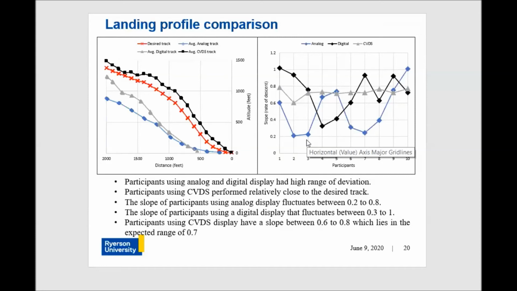And it can be clearly seen that participants using analog and digital display had a high range of landing profile fluctuations that ranged between 0.2 to 1, which was higher than the requested value of 0.7. But participants using CVDS displays were able to maintain a constant rate of landing profile close to 0.7, which was exactly the same or close to 0.7, the requested value of the desired track.